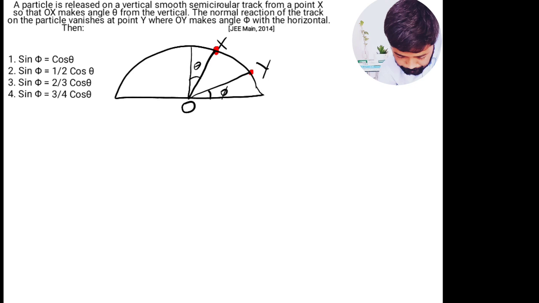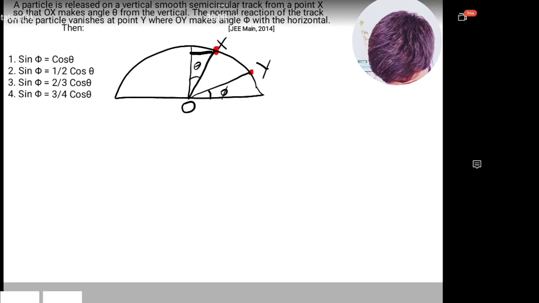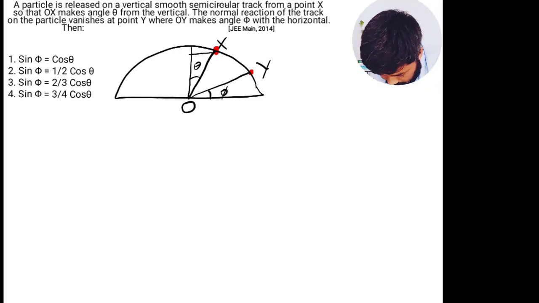Now let us see. We need to find the relation between sine and cos, because you can see the options. Now see here, for X let us do it first. If you see this height, you can find it. Let me write this as X dash.